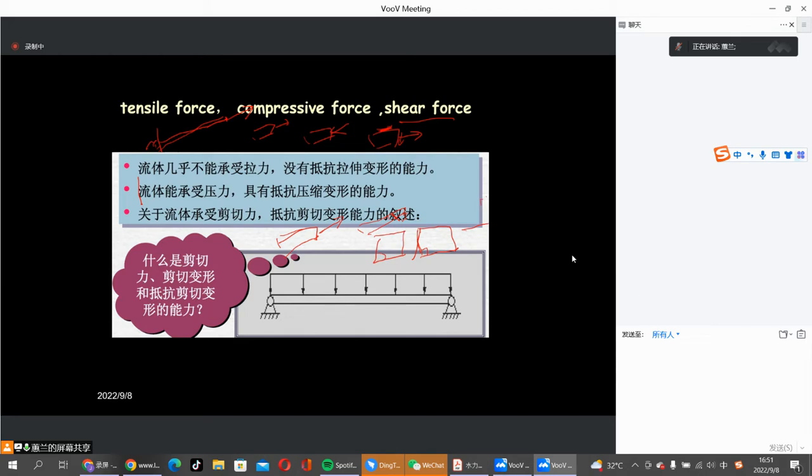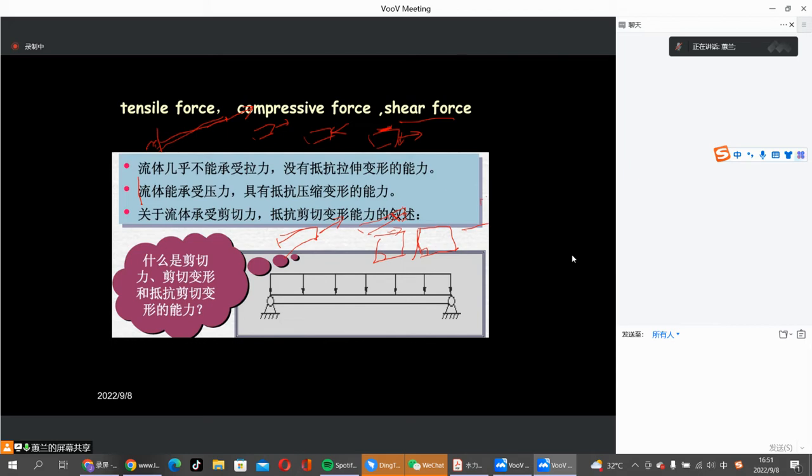This angle is not rectangular anymore. So we call this a shear strain, and a shear strain will have shear stress, and shear stress is actually the shear force per unit area. So this one is due to the shear force.